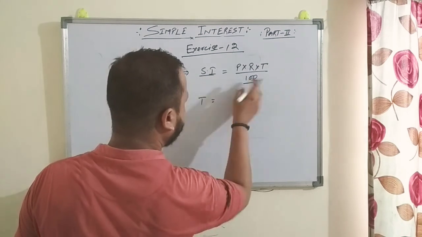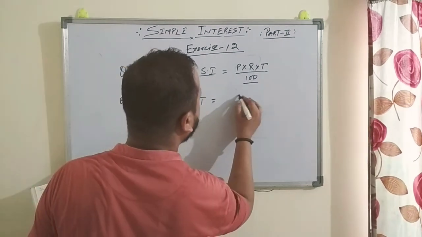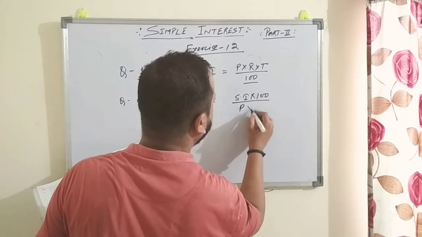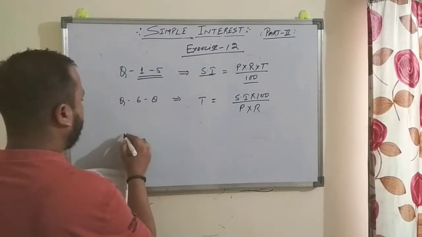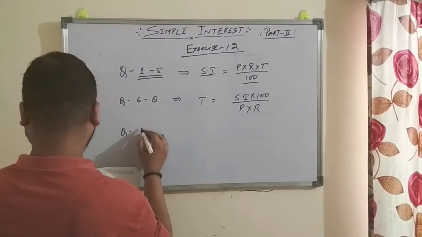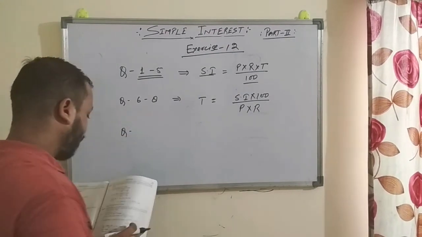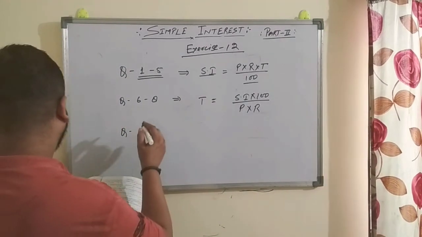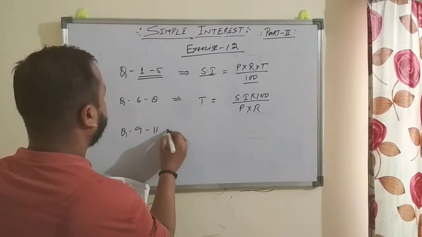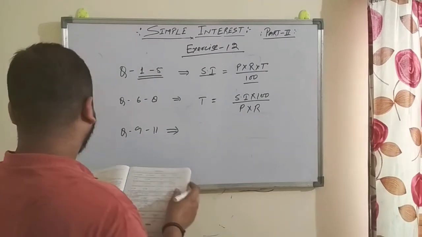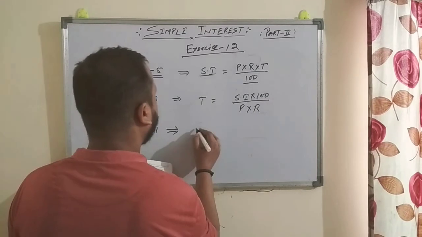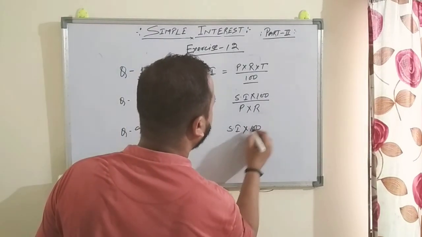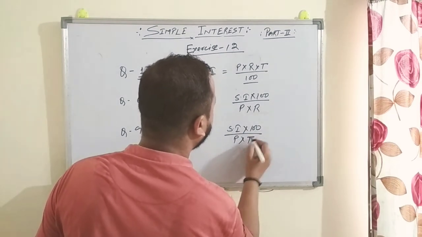So for that you can use the formula: time is equal to SI into 100 upon P into R. And from question number 9 to 11 you have to find out rate. For rate you have to use this formula, SI into 100 upon principal into time.